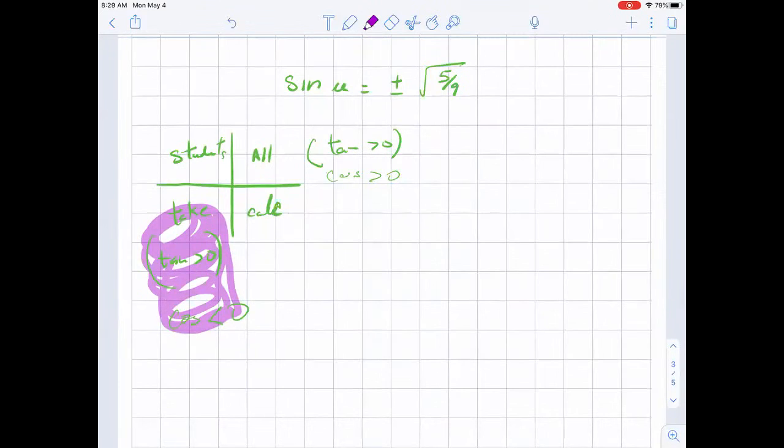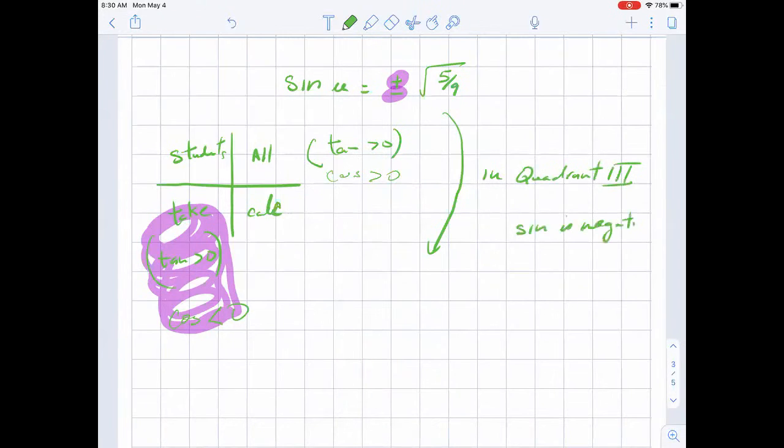Because you have to know, is it positive or negative? Since we're in quadrant 3, sine is negative.